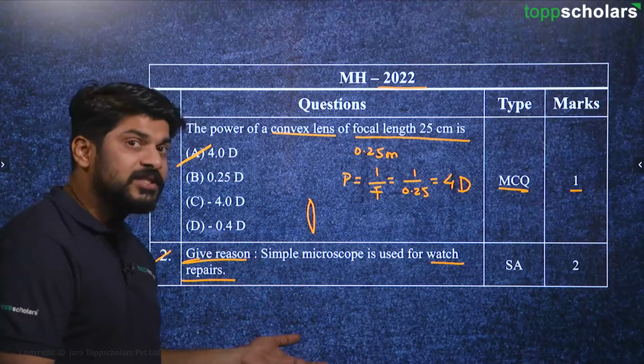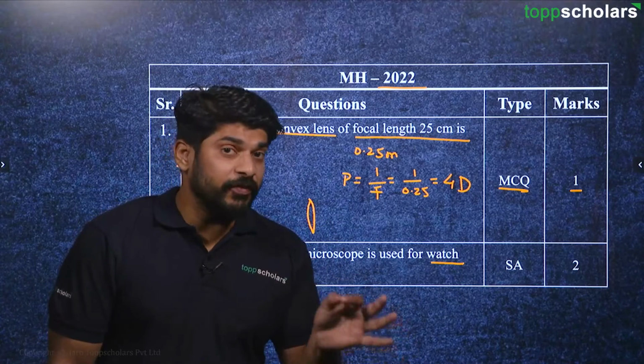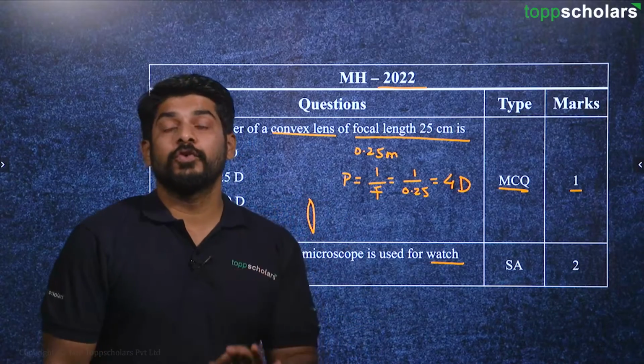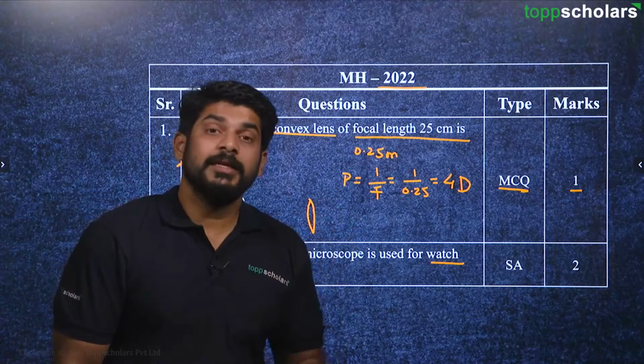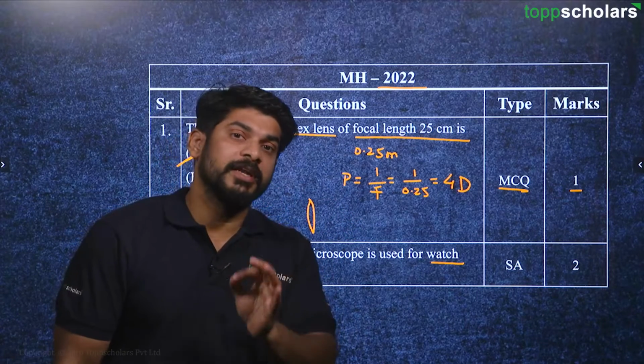Now, when does this happen? Whenever the object is between F and O, that means the optical center and the focal point. If the object is between these 2 points, then we will get to see an erect and magnified image.